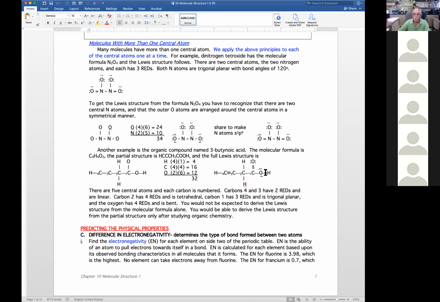Got 1, 2, 3, 4 regions of electron density. So I would start off like this. 2 of them don't have atoms on it. So I would get this, and the shape of this is what? Bent. Exactly.